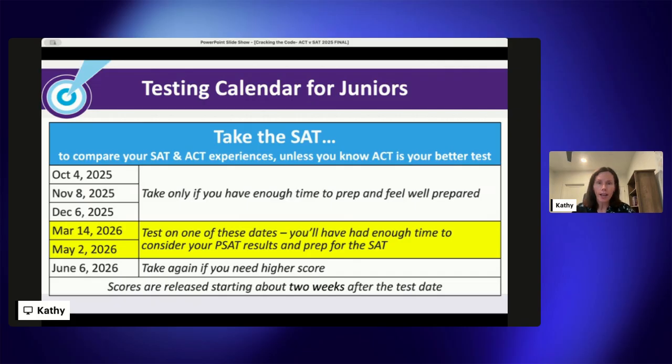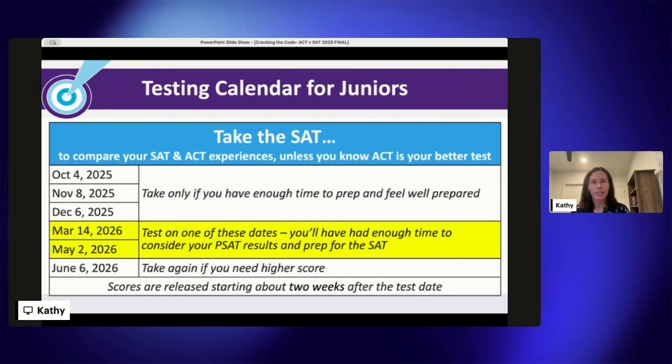There is a form online, so you always have control of your scores. The SAT, you only get a few business days after taking the test, so before you have your results, to cancel a score. So again, take an SAT only after you have had time to prep for it.